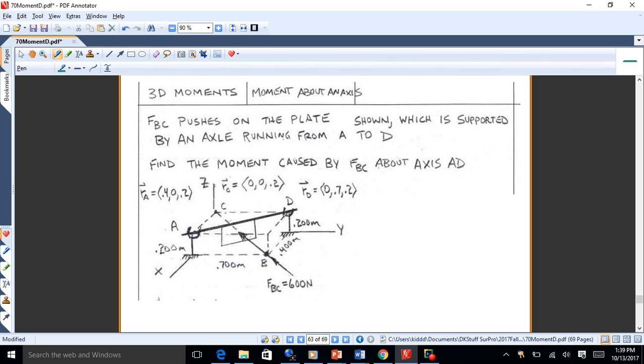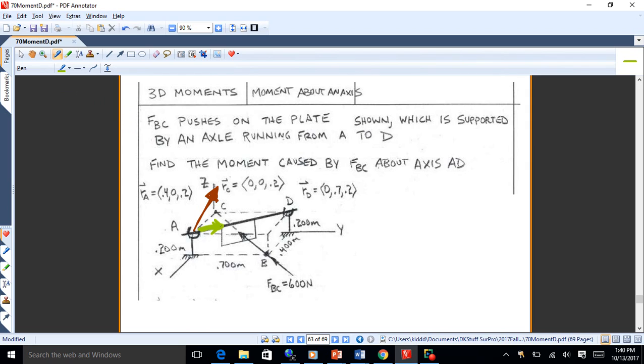So what I'm doing here is I have this moment vector about A, which we've looked at a number of times here. It's doing something like that. But then I'm going to make that rotate about axis AD. What I'm after here is the component of that moment that acts along the axis, because the axis about which a moment occurs is the line of the moment vector.